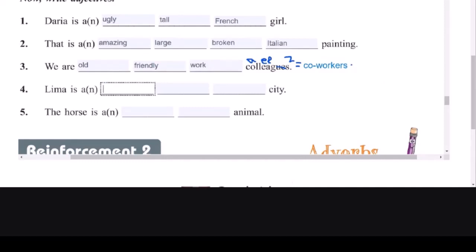Lima is a large, dirty, and traffic city. Okay, good, large. No, but traffic isn't really an adjective, is it? Traffic is not really.